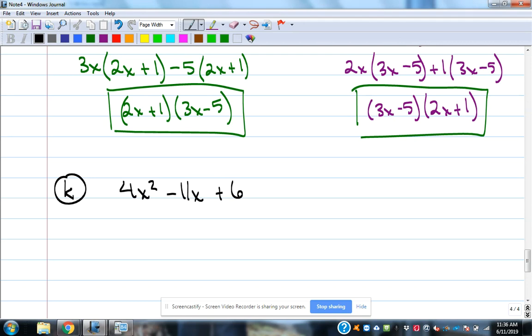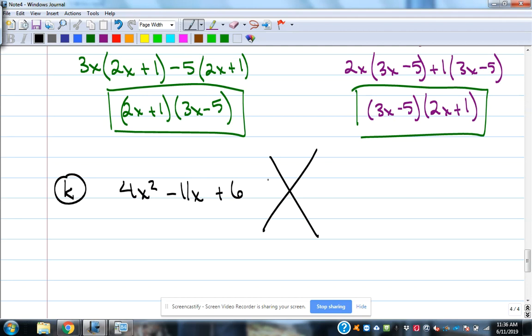All right. Descending order, check. GCF: 4 and 11 don't have anything in common, so I know nothing else matters. So that's no GCF. So I'm ready to start my X method.